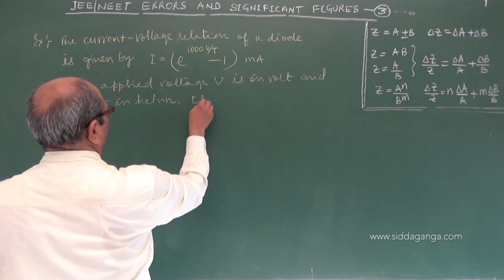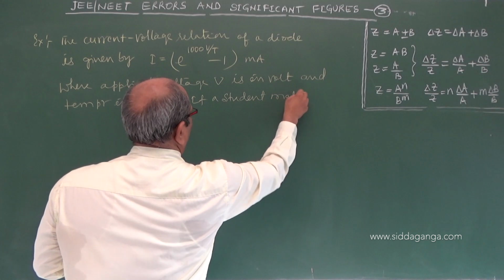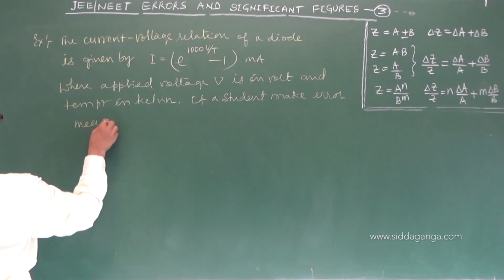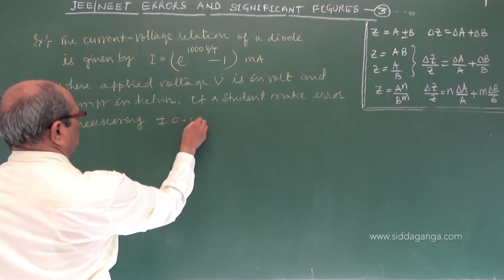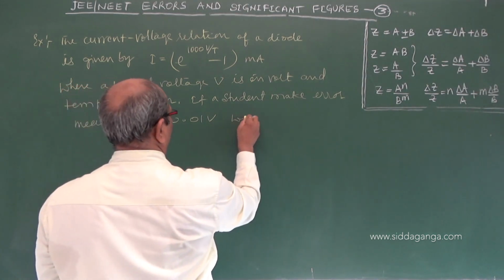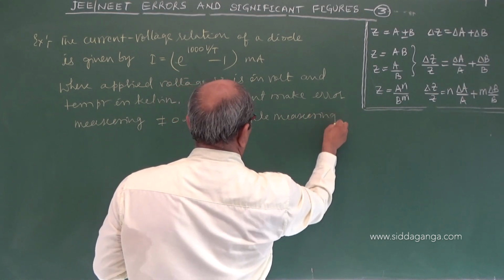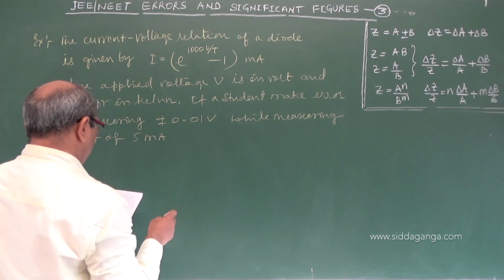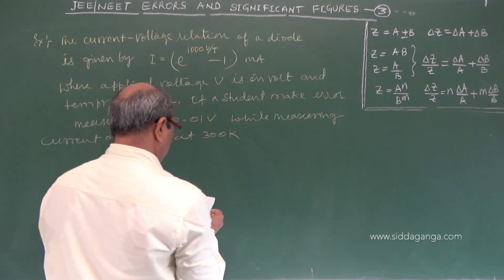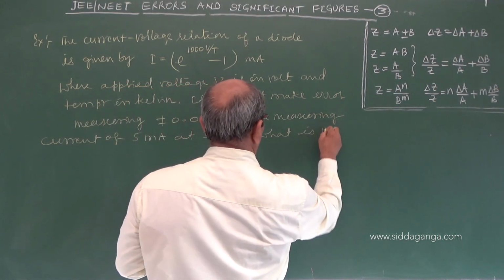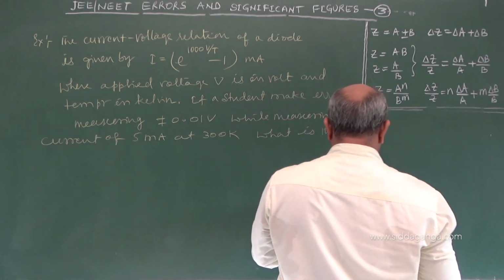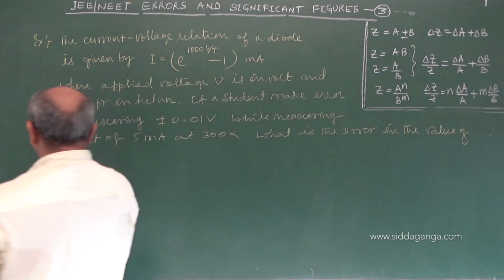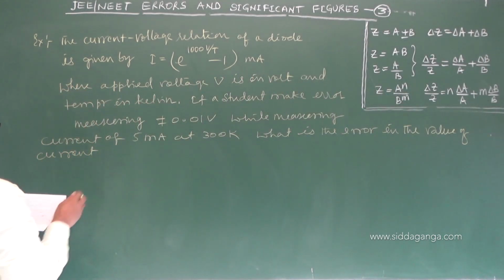If a student makes an error in measuring the voltage, plus or minus 0.01 volt, while measuring a current of 5 milliampere at 300 Kelvin, what is the error in the value of current in milliamps?